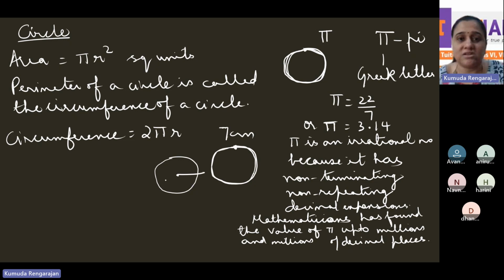The circumference, the length of the boundary of the circle, is 7 centimeters. The diameter is not 7 centimeters. The radius is not 7 centimeters. These are the different terms you know about a circle. Radius, diameter.